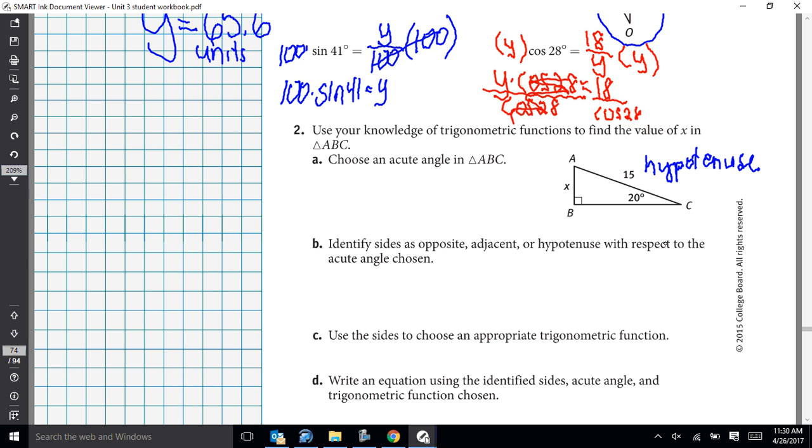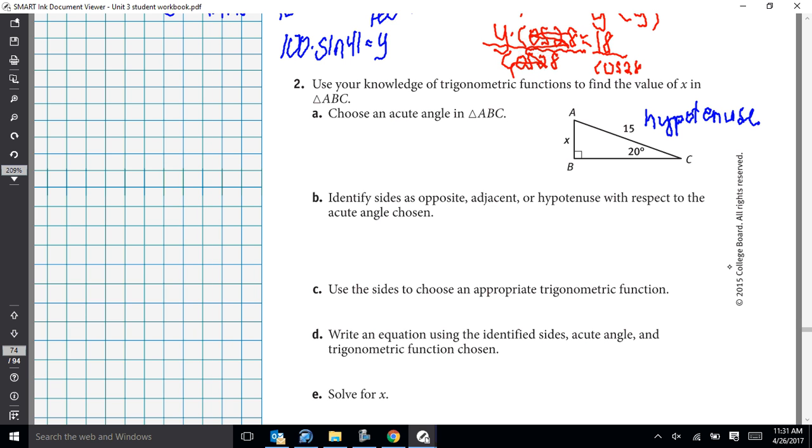All right, so you use the sides to choose an appropriate trig function. You want to find X. Based on your relationships, what's going to be the best? If you chose angle C, are you going to use sine, cosine, or tangent to find X? Sine, because you want opposite over hypotenuse.